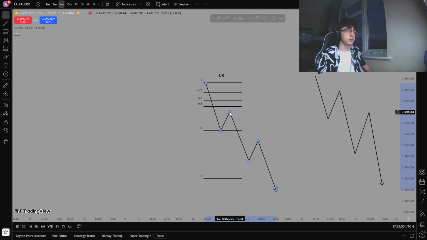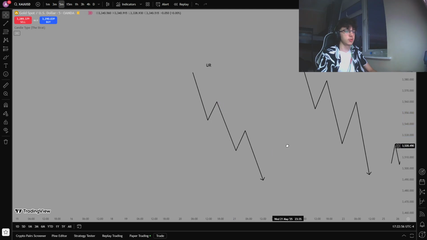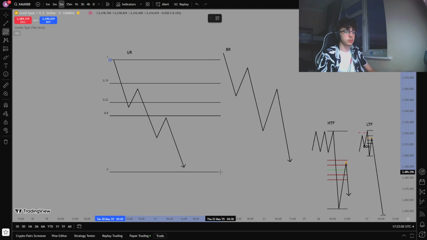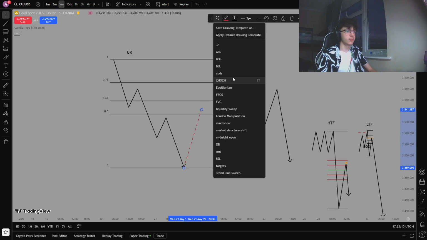So here we did not touch into equilibrium and we moved down. Here we did not touch into equilibrium and we kept on moving down. That's an unbalanced range. We would normally see price come back to this equilibrium here, and then carry on moving down.